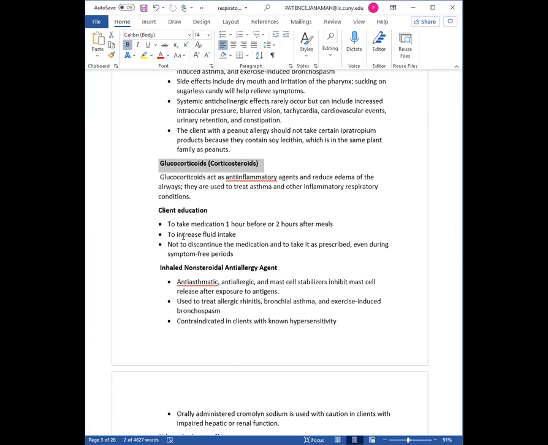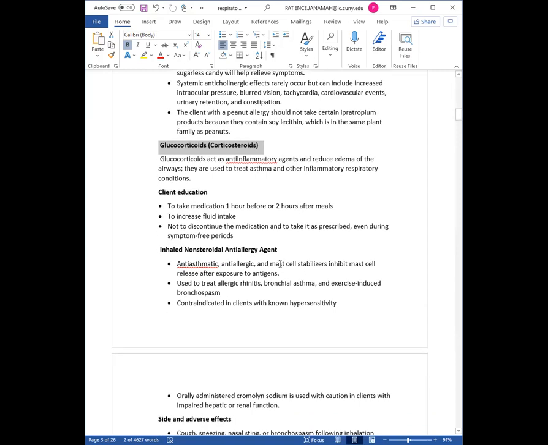Now, the inhaled non-steroidal anti-allergic agent, that's antihistamine. We have some anti-allergic medications that we inhale, and that's antihistamines. We have several medications that are antihistamines, but some are for inhalation purposes. And mast cell stabilizers inhibit mast cell release on exposure to antigens.